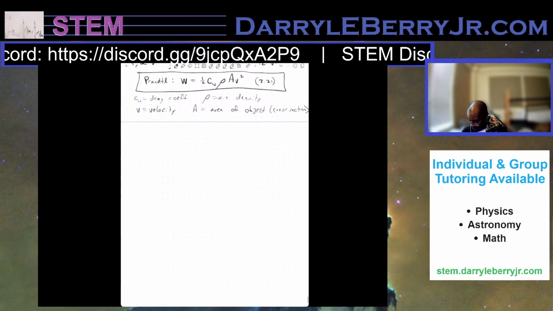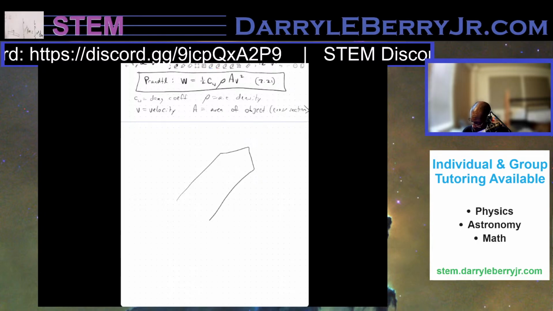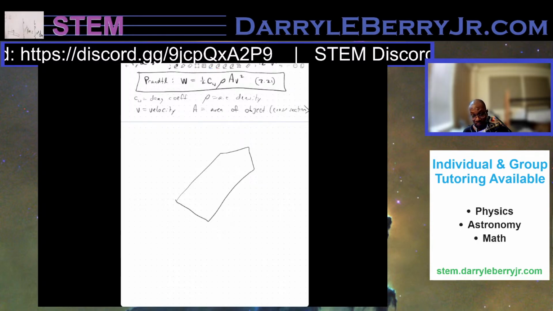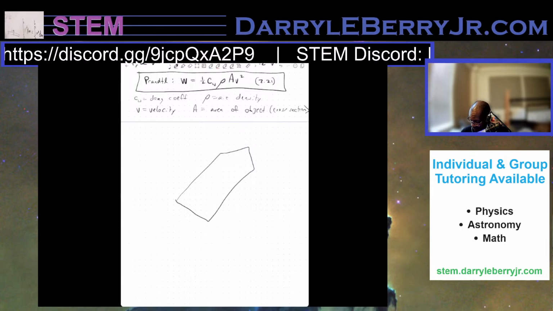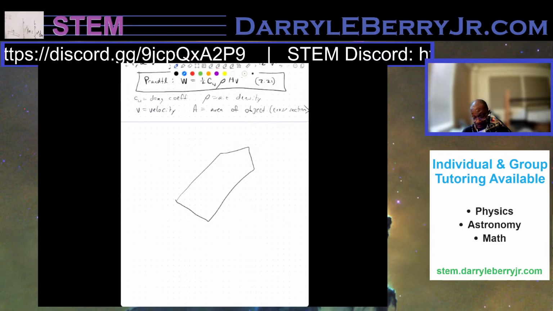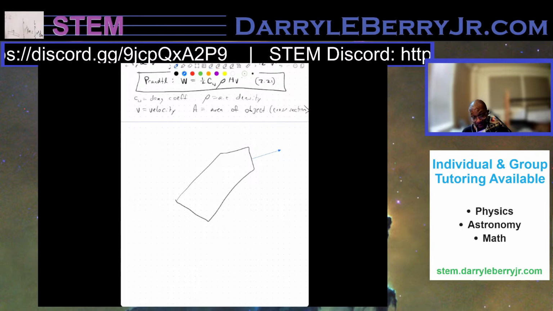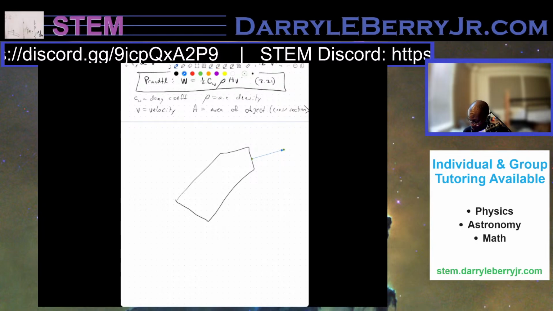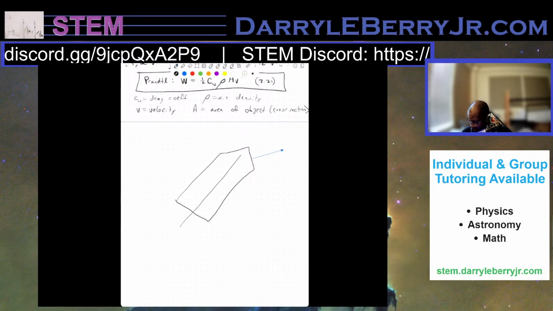So we have our object. This is our projectile. So we have velocity going certainly directly in line with the object. This is the central line of the object.